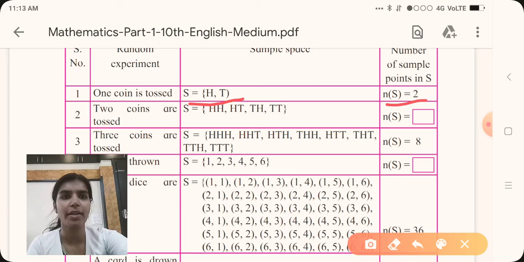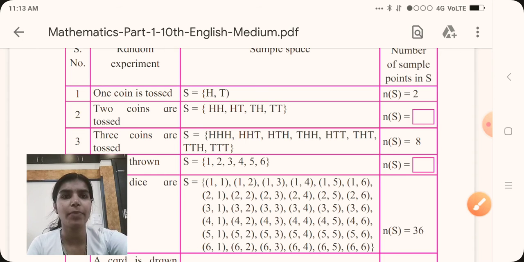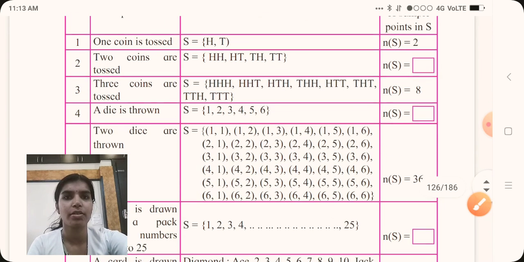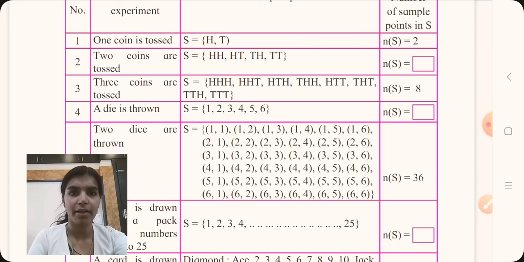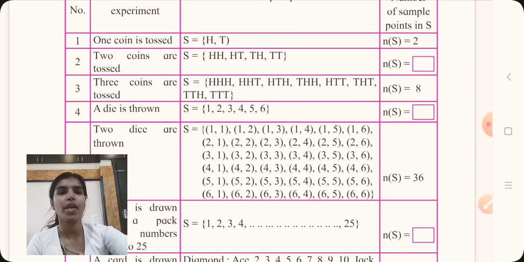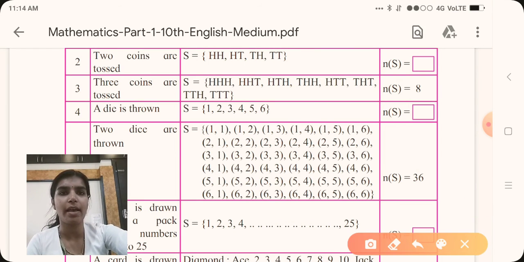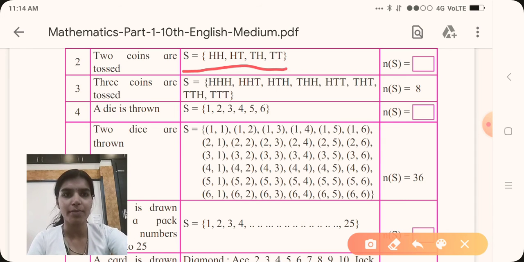Two, so we write n(S) equals 2. Second example, two coins are tossed. There are four possible outcomes: head head, head tail, tail head and tail tail.